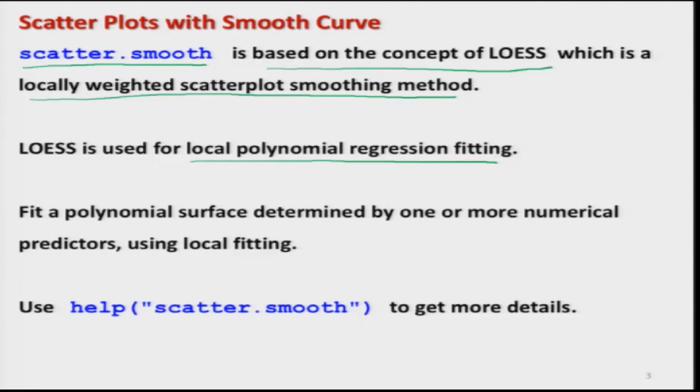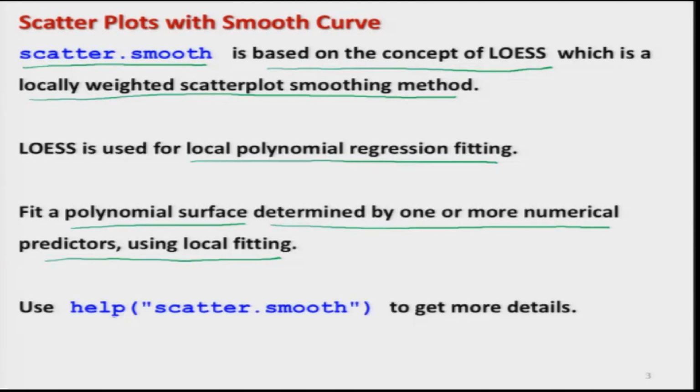In this case it fits a polynomial surface which is determined by one or more numerical predictors using local fitting. Definitely I am not going to discuss the details about LOESS, but we are simply going to use it. You will see later on that some of the options are described in terms of LOESS, so I thought I should tell you so that you do not get confused at a later stage.